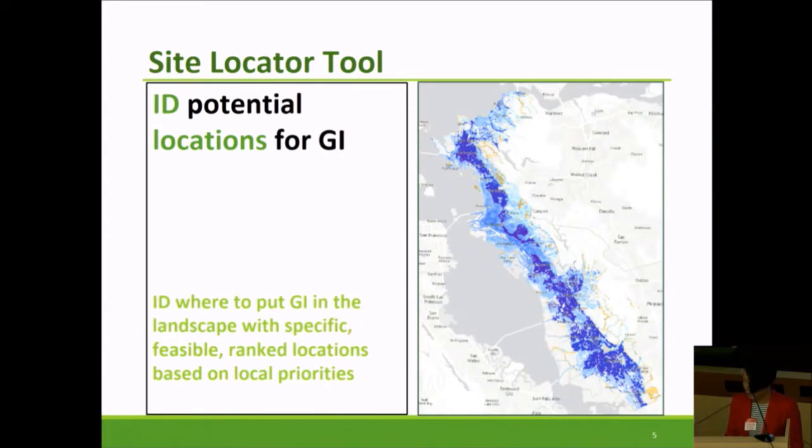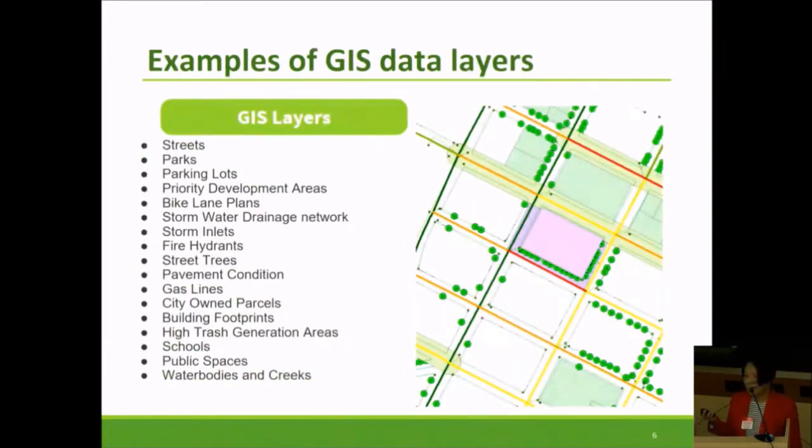So this tool is very flexible. It's customized. A lot of data can go in, as many layers as you want, or as few as you want. Here are some example GIS layers we have used for our case studies. You have streets, you have parks, which are places where you can say, well, that's a potential location where we can do something, right? A parking lot, we could put permeable pavement there, or we want to stay away from the gas line.